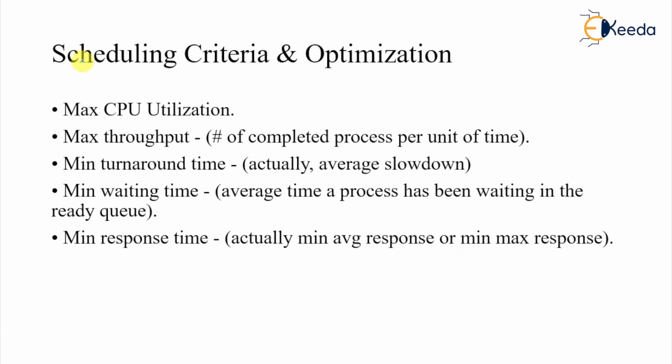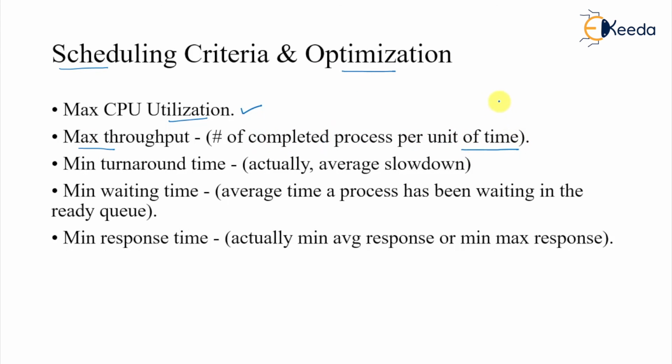Lastly, for this topic, the criteria of scheduling and optimization: we want maximum CPU utilization and maximum throughput, which is the number of processes completed per unit time.